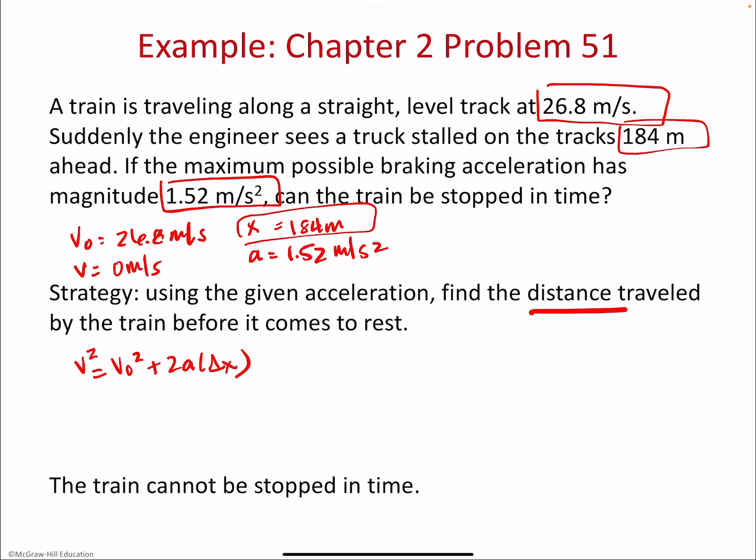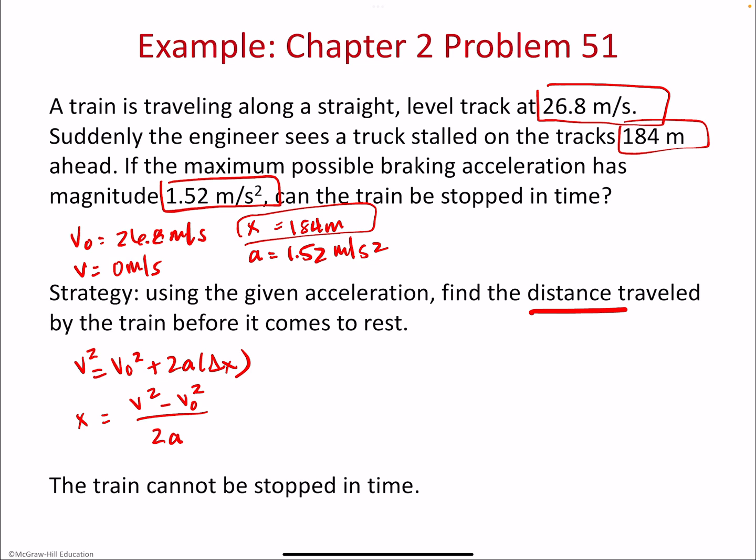So we've got to rearrange it. x equals final squared minus initial squared over 2a. And I'll tell you right now, people miss that squared on the velocities all the time. So try to keep that in mind whenever you're using this equation.